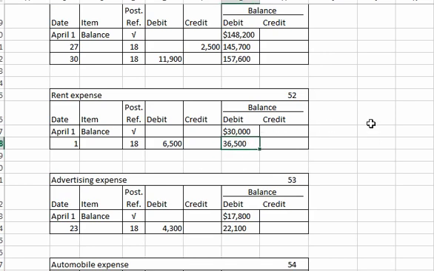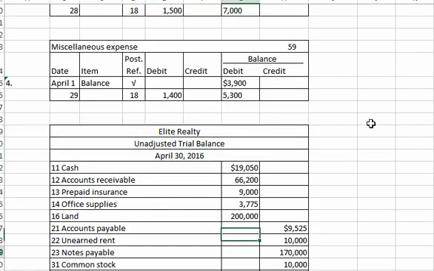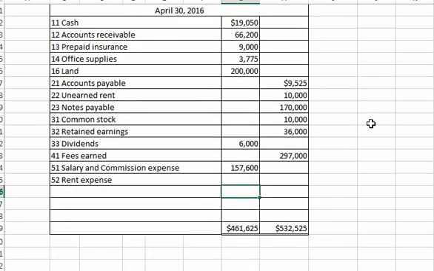Has an ending debit balance for $36,500. Then advertising expense. You guys, I'm preparing this exactly like the one you see on bottom of page 92, except of course the date changed, and I'm picking up the balances from the ledger accounts rather than page 92, of course. After rent expense, I've got advertising expense, account number 53.